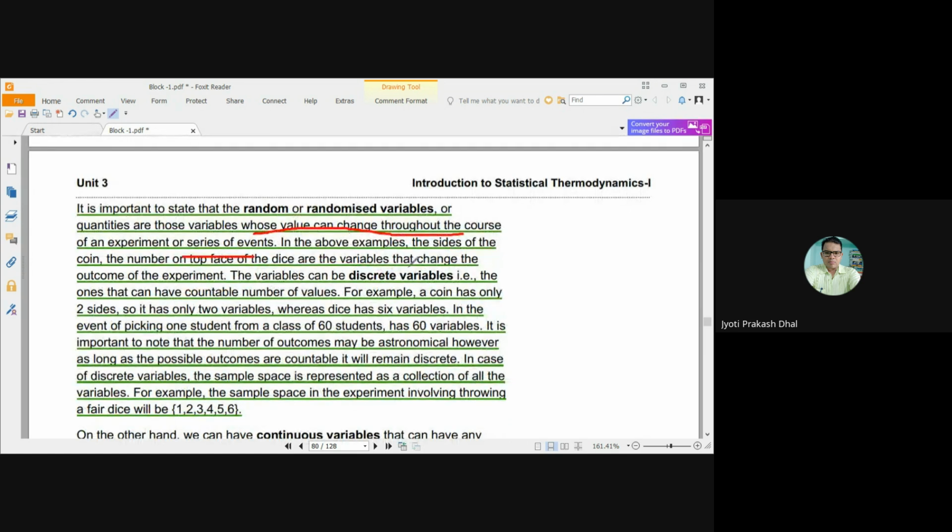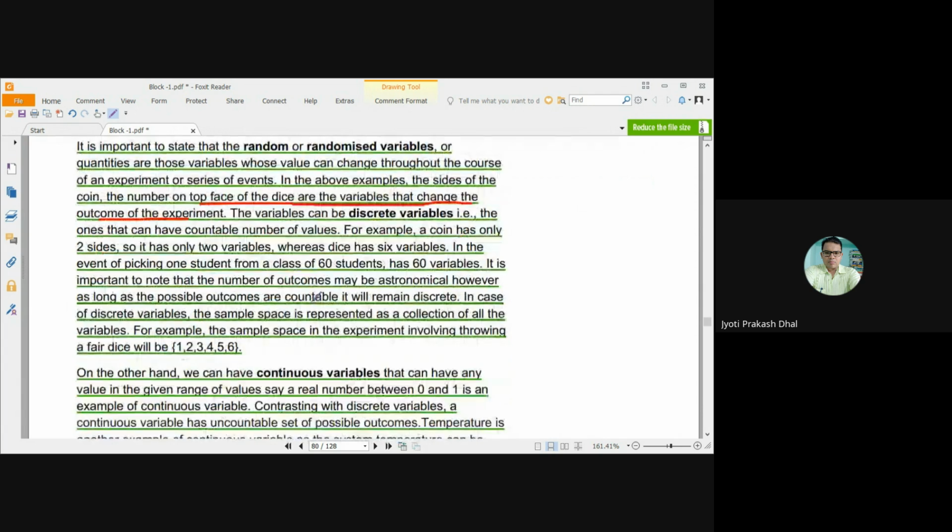In the above example, the sides of the coin and the number on the top face of the dice are the variables that can change the outcome of the experiment. The variable can be a discrete variable, that is, one that can have a countable number of values. For example, a coin has only two sides, so it has only two values.